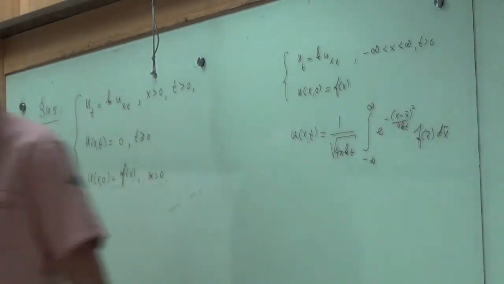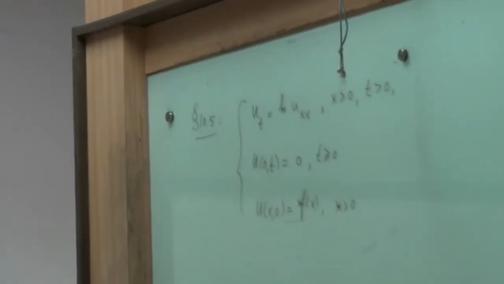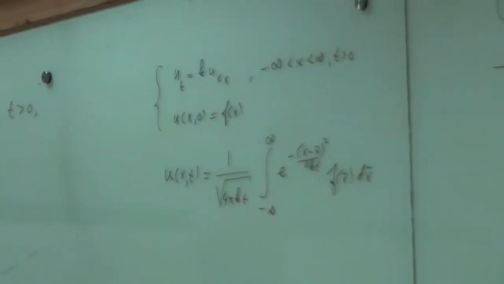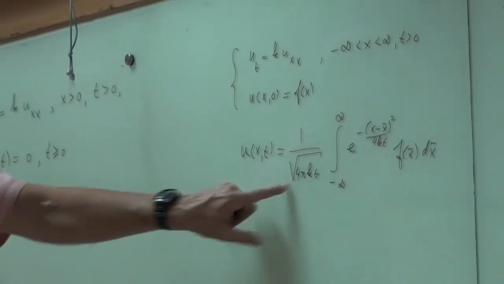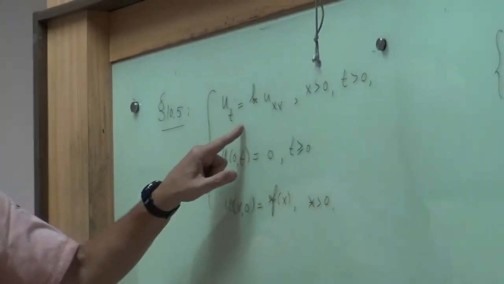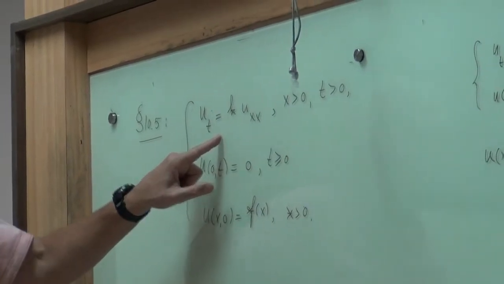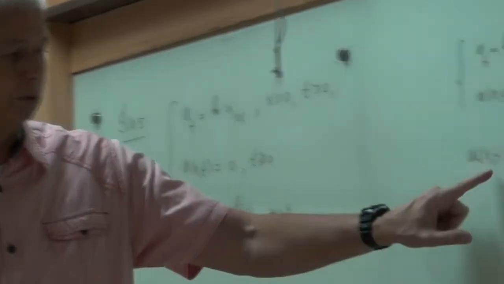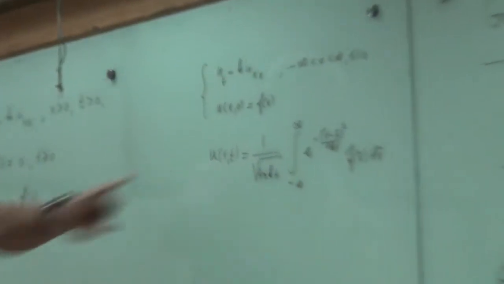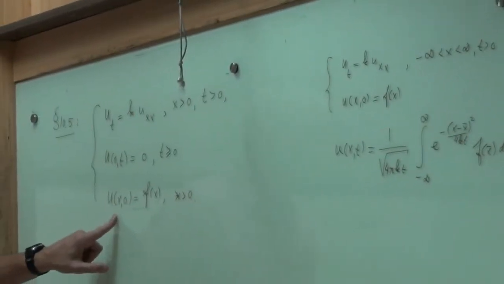Yeah, this was your solution. If you look at this solution on the infinite domain, then you immediately see that this solution satisfies the PDE. Yeah, because the PDEs are the same. And if I take t equal to 0, then we are satisfying also this condition.